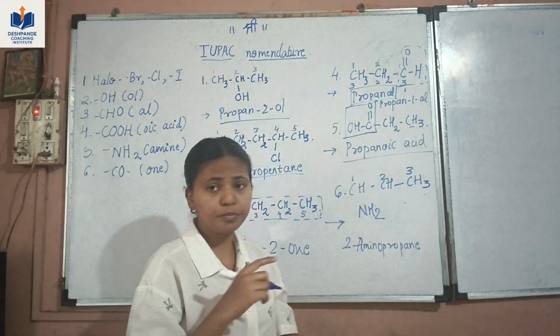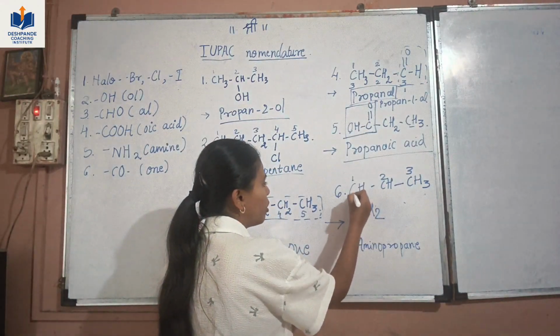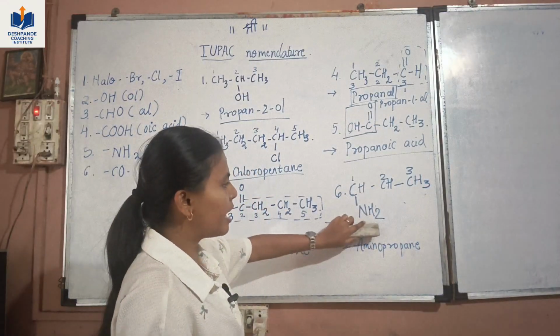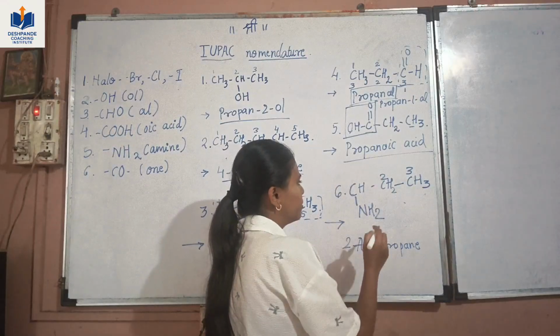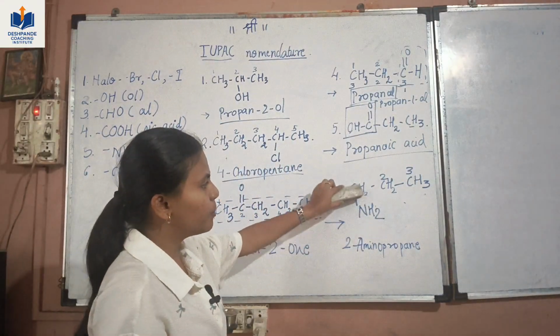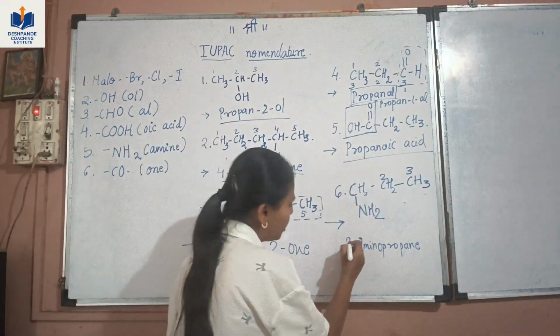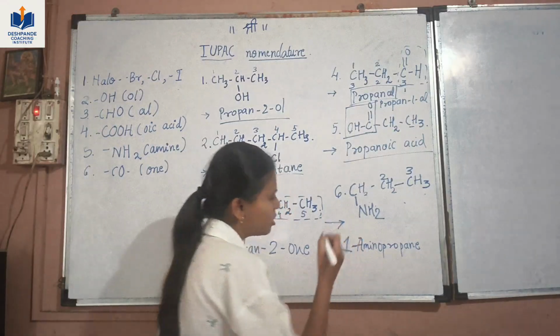and remember the bonds are always with the carbon atom, so you have to always write the bond with the carbon atom, not the hydrogen. So if I add NH2 here, okay, so it will be propane, but the NH2 is attached to first carbon. So it will be 1-aminopropane. Okay, understood?